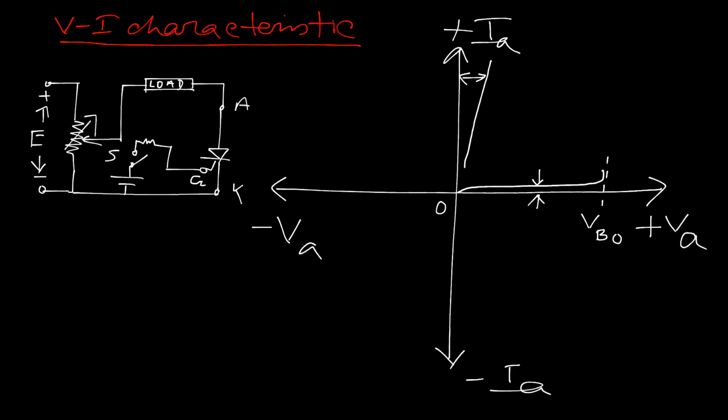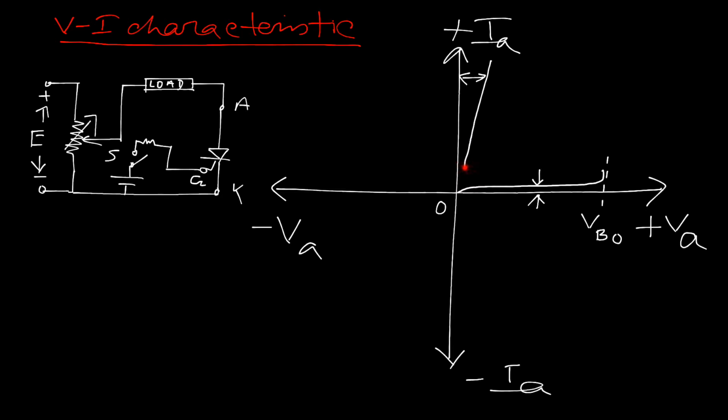So suppose we are trying to turn off the device. That means the anode current should be decreased, and decreased again. After a certain time, up to this point the device had started conduction, but in this particular case the device is still not in the off state.